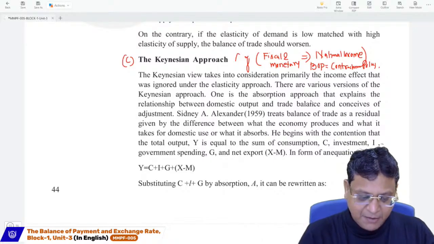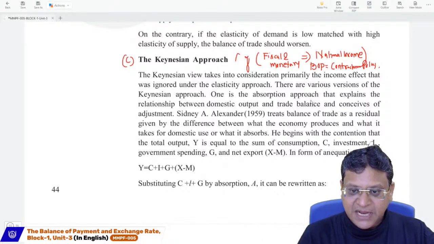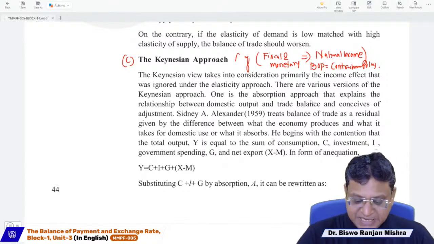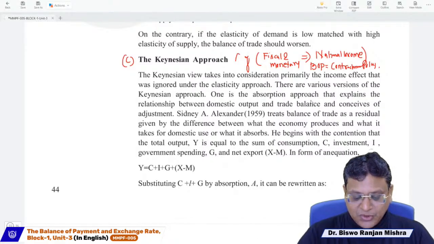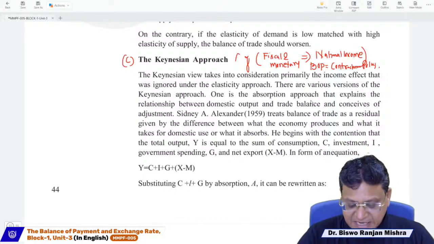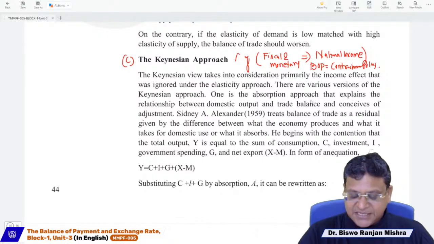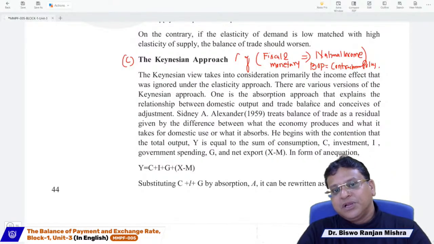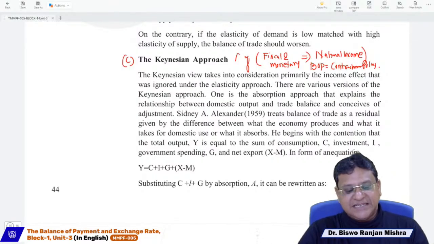Under the Keynesian approach, the government must follow fiscal and monetary policies. A deficit country should use contractionary policies. What are contractionary policies? It will impose higher taxes and spend less on public expenditure to reduce absorption and curb imports. That is the Keynesian approach.